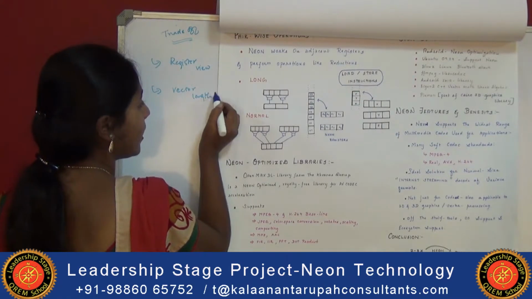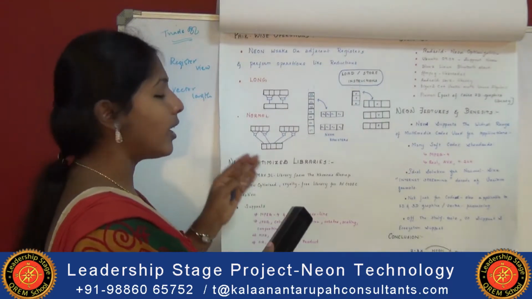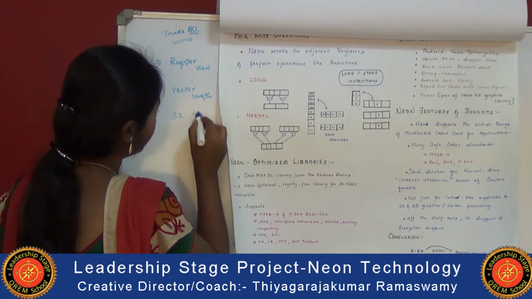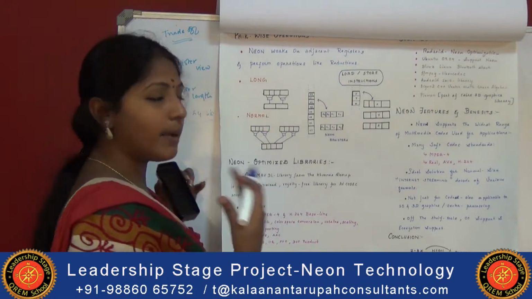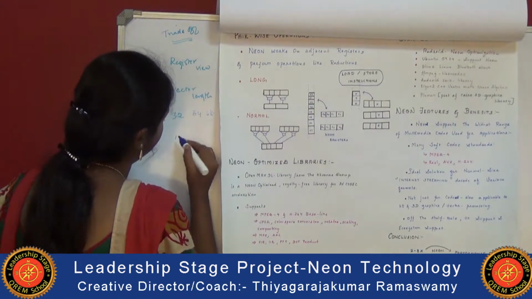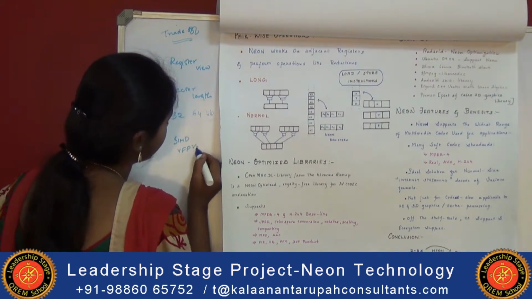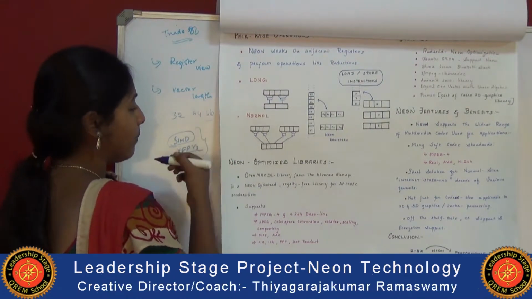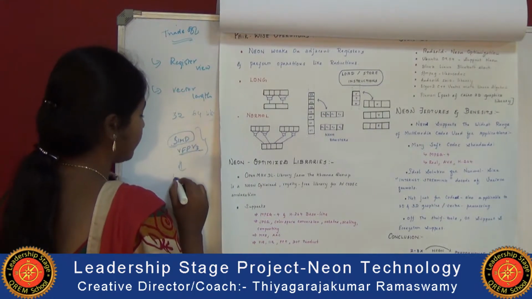So these are the different trade-offs over here, and the register bank: NEON has a 32 64-bit register bank, and this register bank can be shared. That is, if we implement both SIMD and VFPv3, that is, vector floating point version 3 and single instruction multiple data, both can share the same register bank.